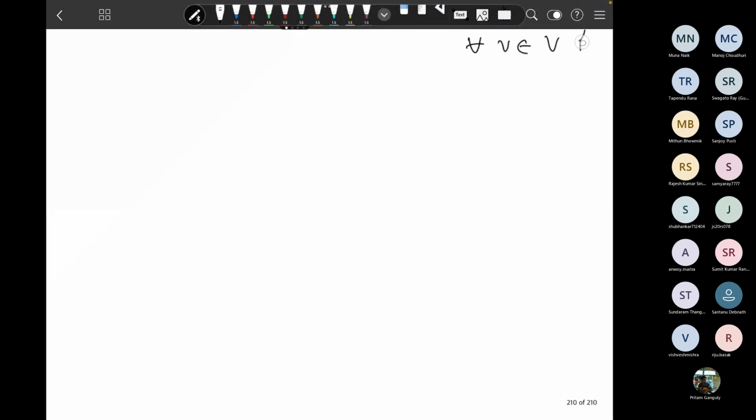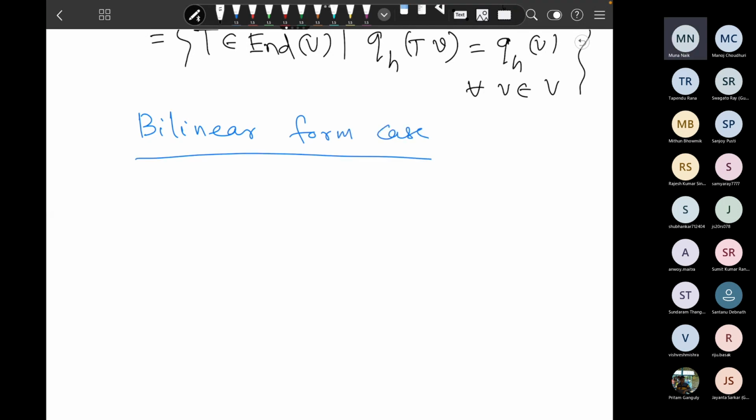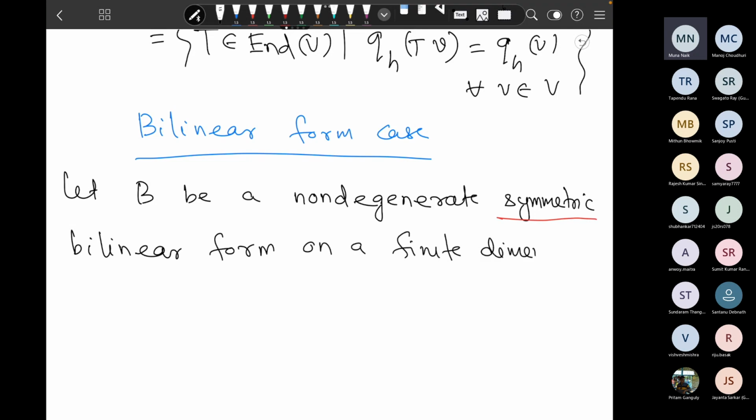Okay, so now for a bilinear form, I have an analog. The bilinear form case. So let B be a non-degenerate symmetric bilinear form on a finite dimensional vector space V over a field K. The symmetric is important here, otherwise this quadratic form will be 0.